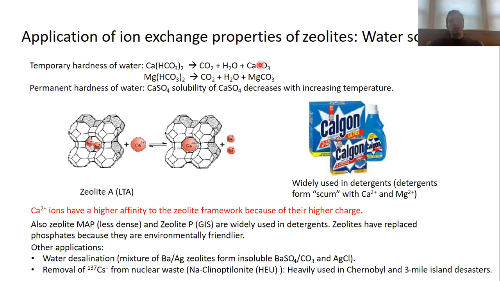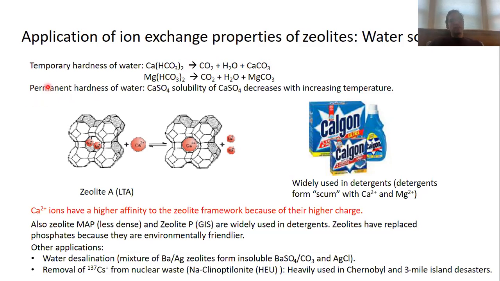So for instance, that is a problem in water heaters. When you heat water in water heaters, and that water has a high temporary hardness, over time you will deposit scale on that water heater because of these two reactions happening.